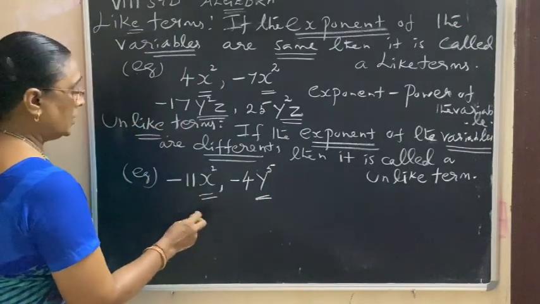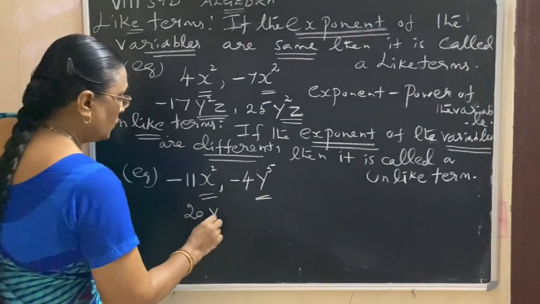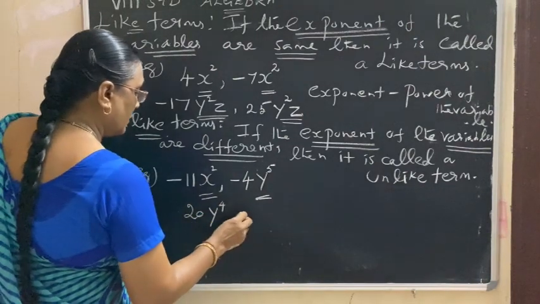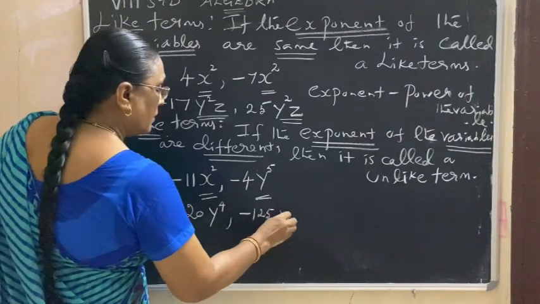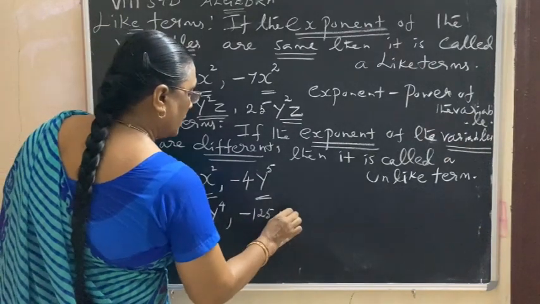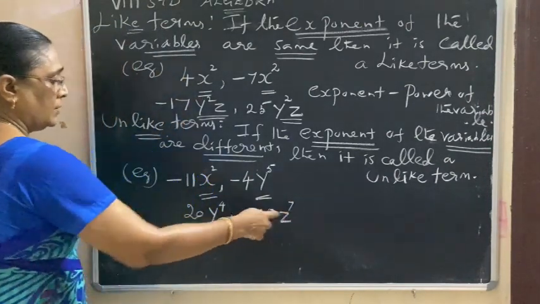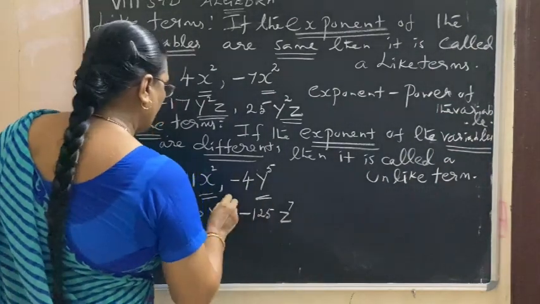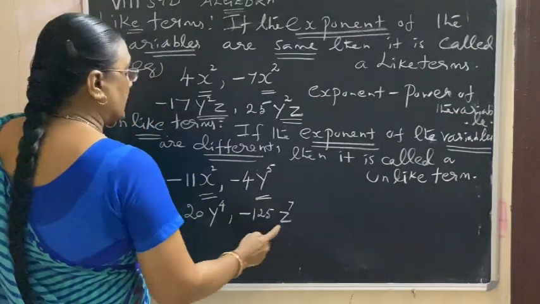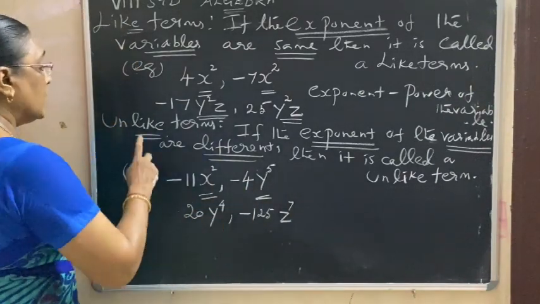Then we can write another example, 20y power 4 minus 25z power 7. Here also we can't take it as a like term. It contains different exponents, so we call this unlike terms.